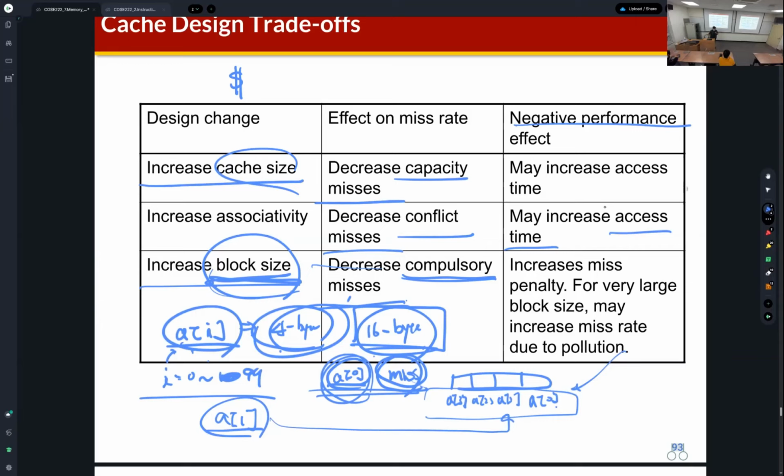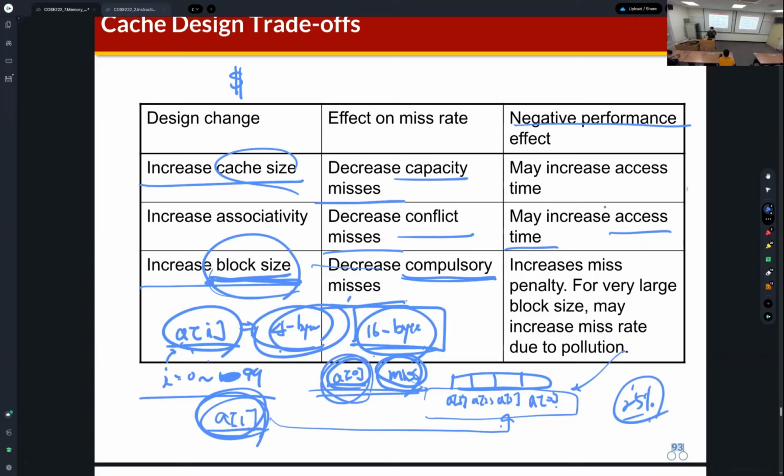Even though A1 is requested by the processor for the first time, it is found in the cache. So the miss rate for this case is 25%.